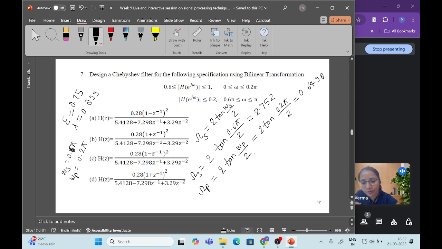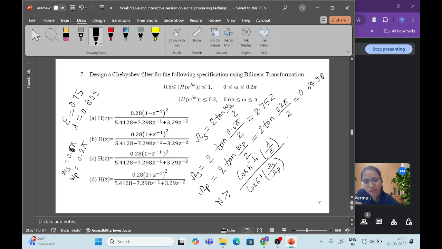Now, first we need to determine the order of the filter. That formula is cosh inverse of lambda by epsilon divided by cosh inverse of omega s divided by omega p.